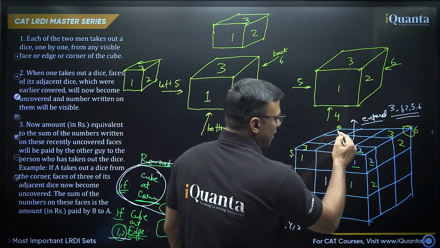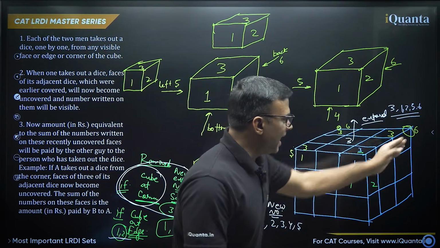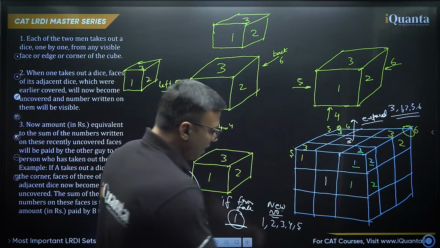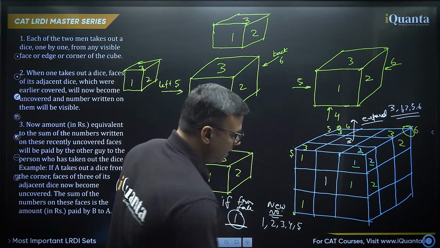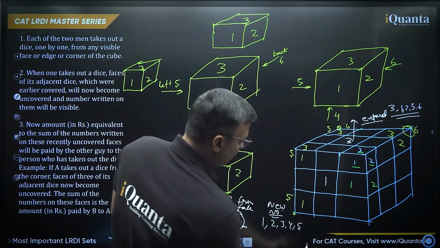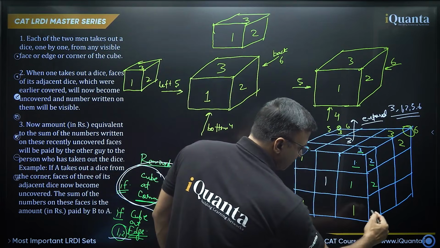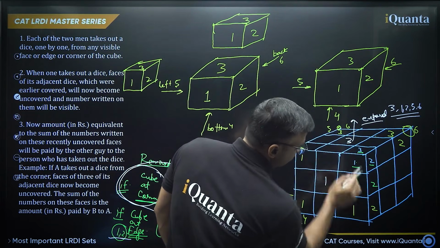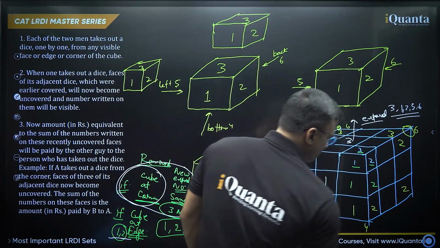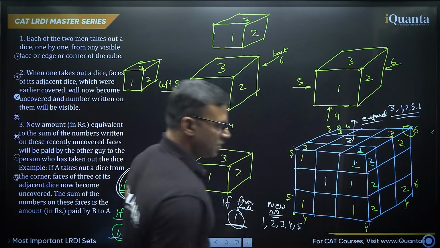For this corner, 3 is here, back to 1 there will be 6, and back to 2 there will be 5. So 3, 5, 6 will be visible. For this corner, 1 is here, this is 2, so back to this will be 5. Okay, and bottom opposite to 3 will be 4. For this cube, here it is 1, here it is 2. The top side is 3, so the bottom side will be 4. For this corner, here it is 2, back to 1 it will be 6, and bottom to 3 will be 4. So 2, 6, 4.